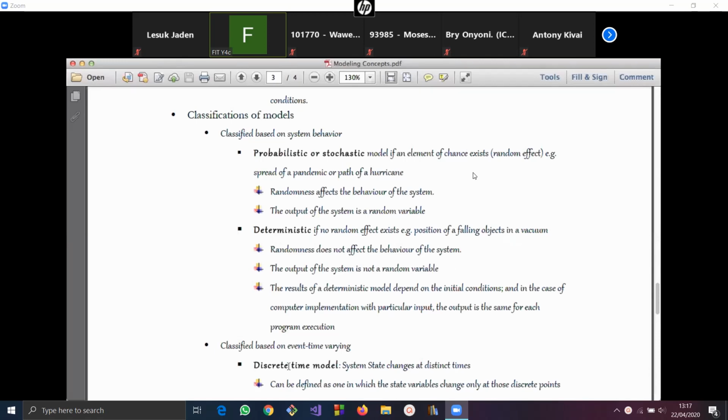And then I went on to say that you can have a discrete time model being probabilistic. And I also said you can have a time model being deterministic. I think I mentioned that.